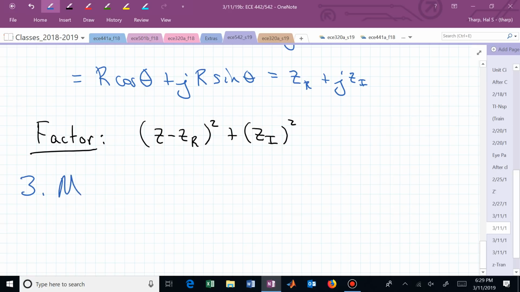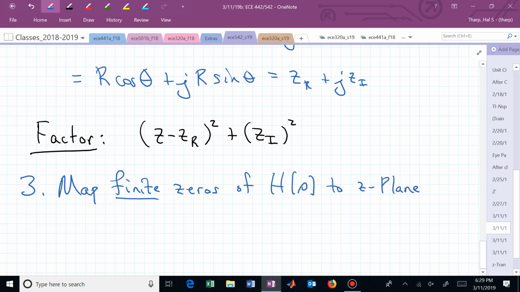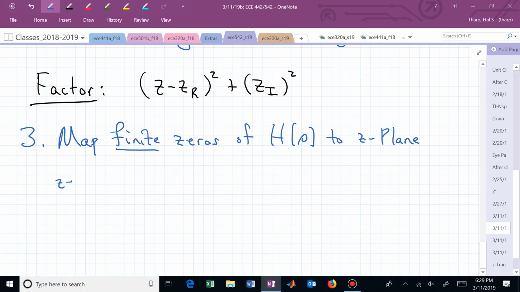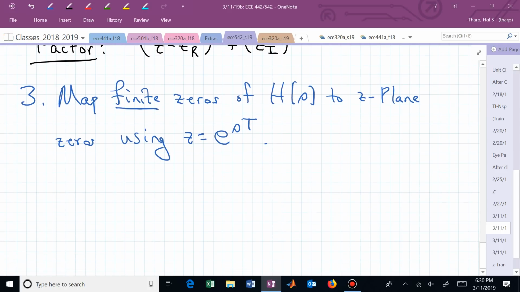So step 3 is map the finite zeros of H(s) to z-plane zeros using the same connection of z and s. z is equal to e to the sT.